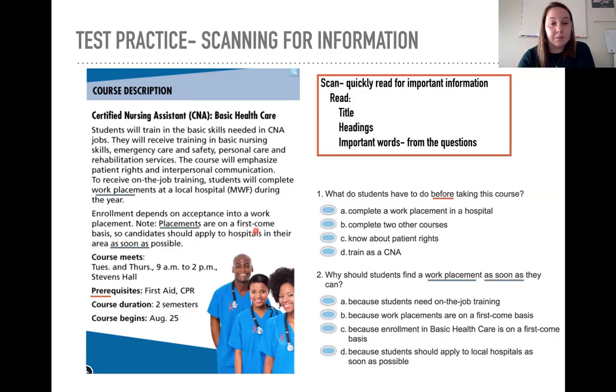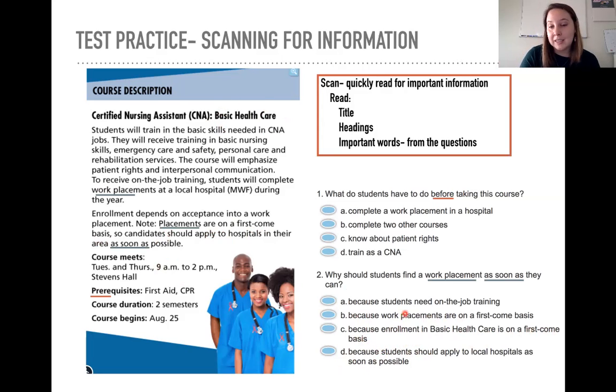Then we see these two both talk about the first-come basis. B says work placements are on a first-come basis. C says basic health care is on a first-come basis. That is not correct. That is the name of the course.